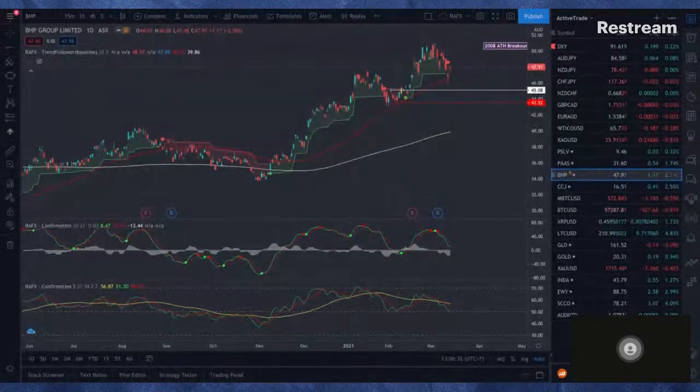So BHP is listed in the ASX and CCJ is listed in the US stock exchange.